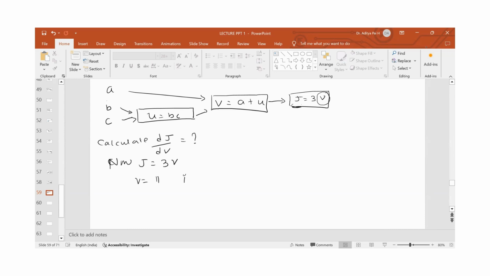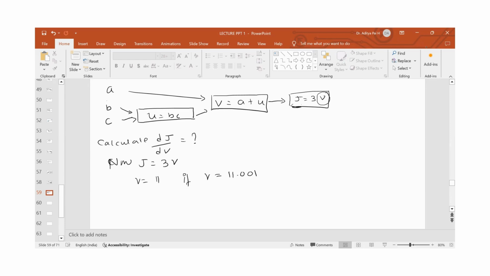If my V changes to 11.001, which we had seen in one of the previous videos, that is a change of 0.001. If this is not understood, please go to the previous videos where I explained the derivatives part.